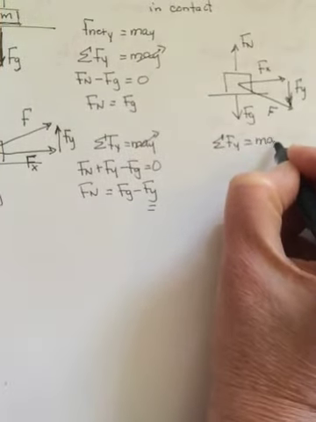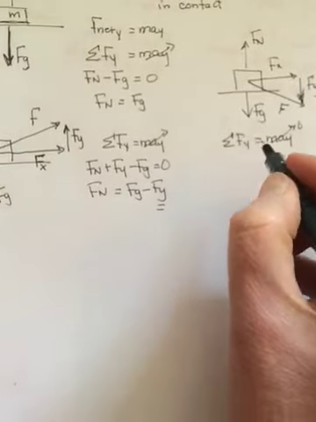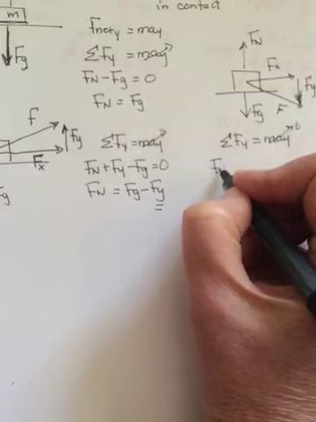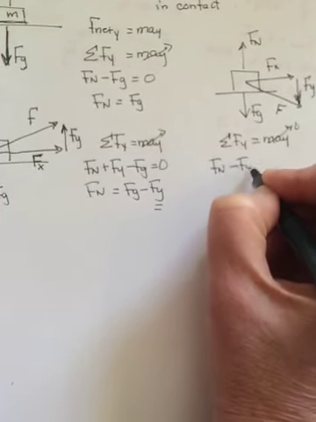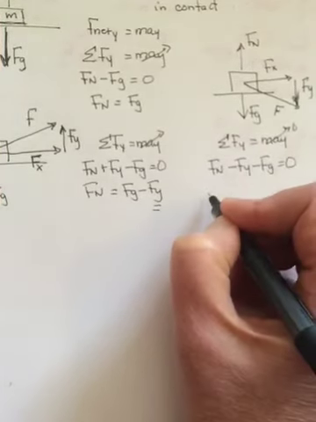So if we look at all the forces in the y, the shopping cart isn't flying up into the air or sinking through the floor, so it's not moving in the y, but we would have Fn minus Fy because it's going down, minus Fg equals 0.